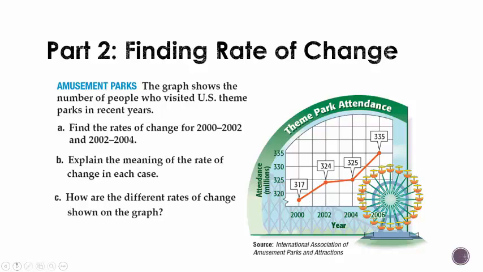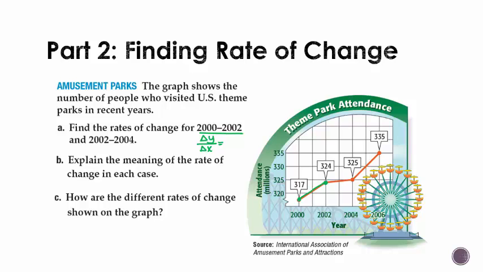So let's do one with a graph instead of the table. This graph shows the number of people who visited U.S. theme parks in recent years. Find the rates of change for 2000 to 2002 and then 2002 to 2004. So right here to right here is where we're looking first. Remember, change in y divided by change in x.